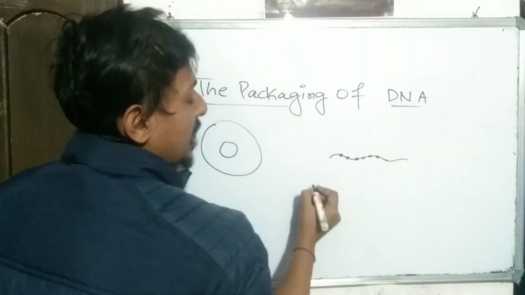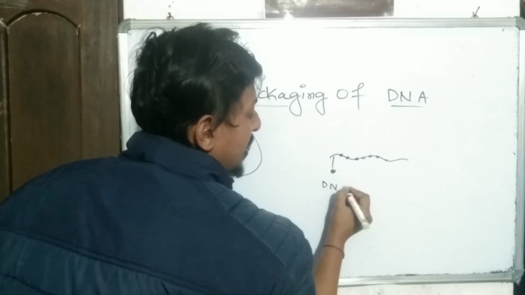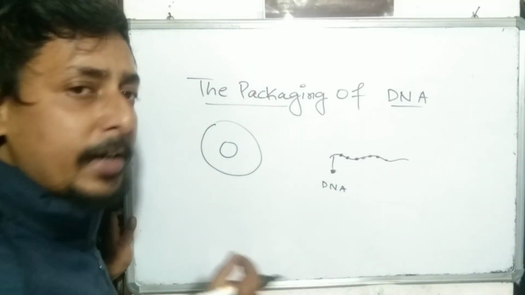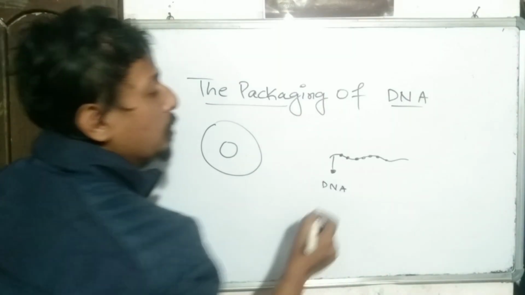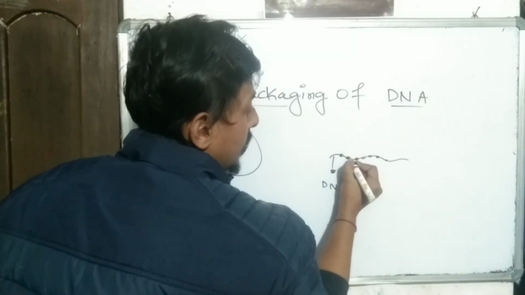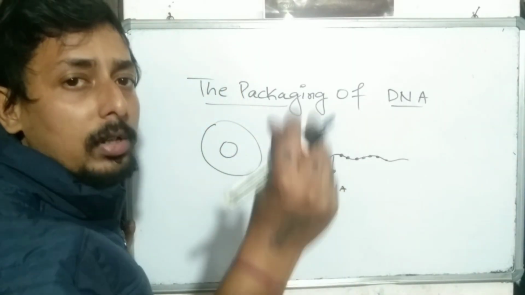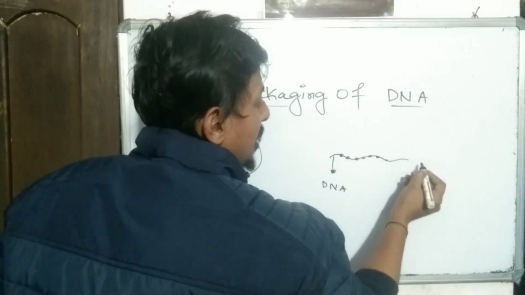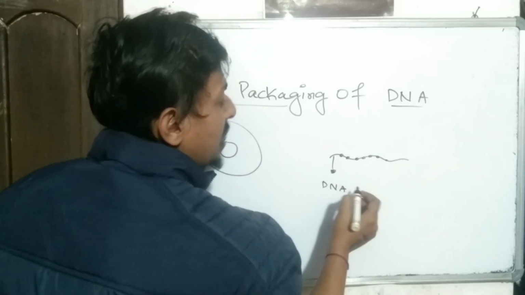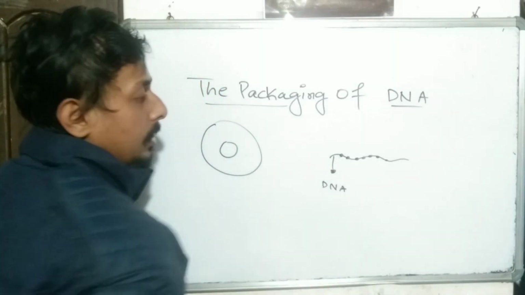Now, in the electron microscope, you see the structure something like this. What is this thread-like structure? This thread-like structure is a thread of DNA. Remember, DNA is a long chain. And in this chain, you see bead-like structures, like a necklace. There is a string and there are beads on the necklace. Now, this very long structure, that is the DNA, is packed with the help of these beads.